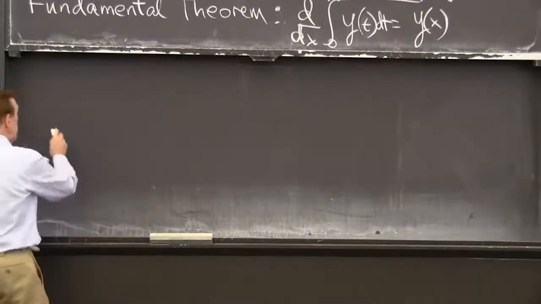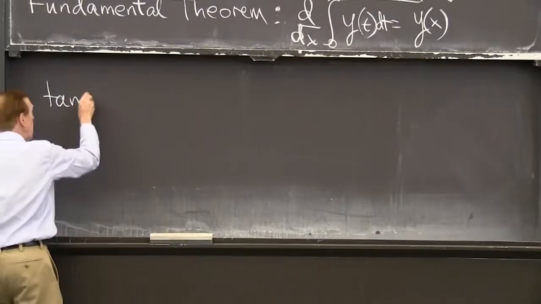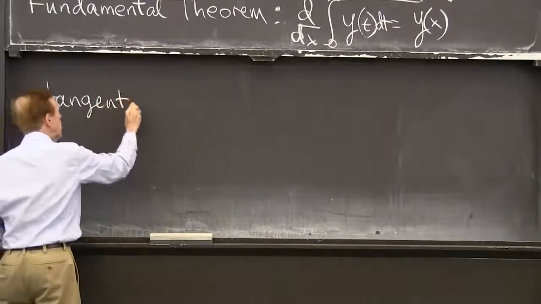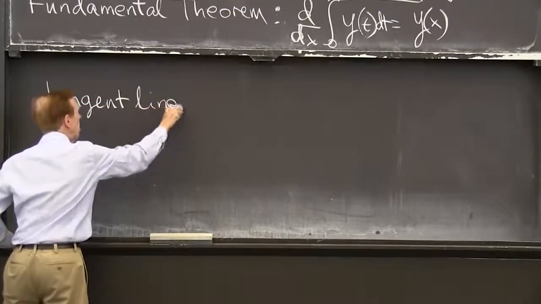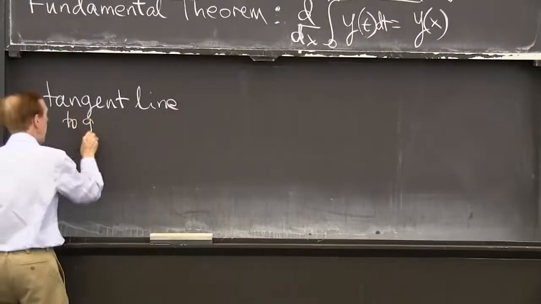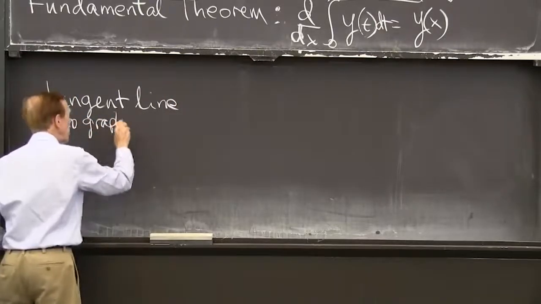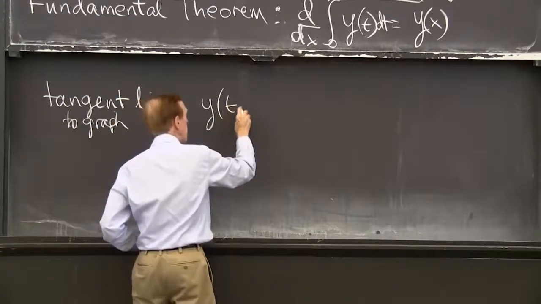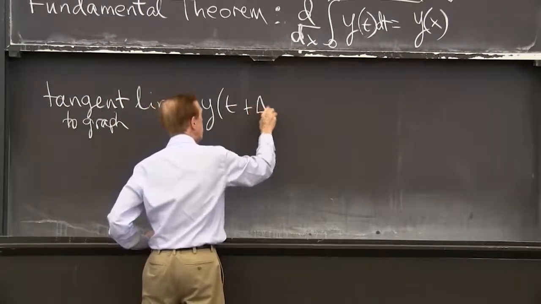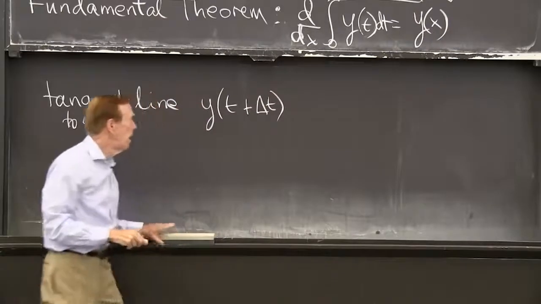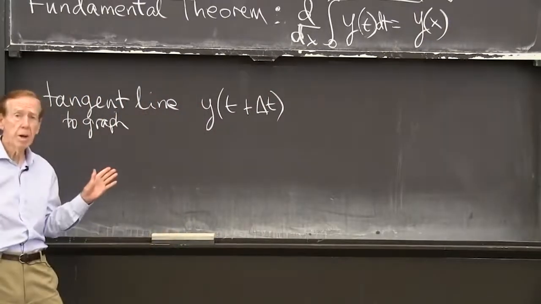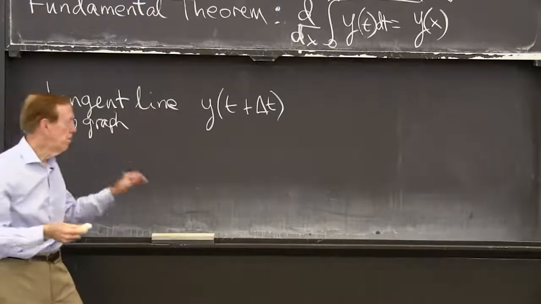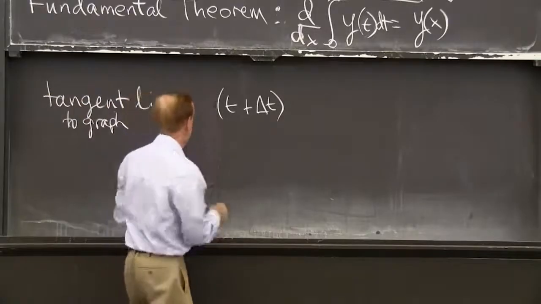So it involves the tangent line to the graph. It's tangent to the graph, so it's a straight line. And what we need is y at t plus delta t. That's taking any function. Maybe you'd rather I just call the function f.